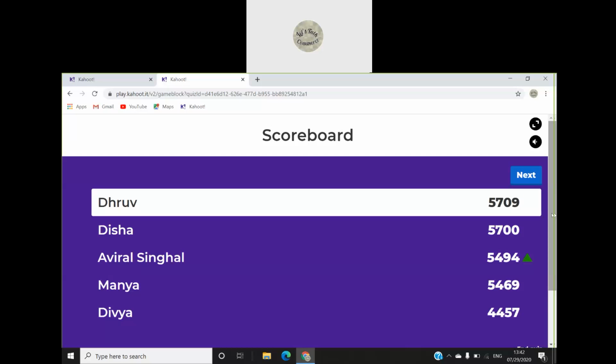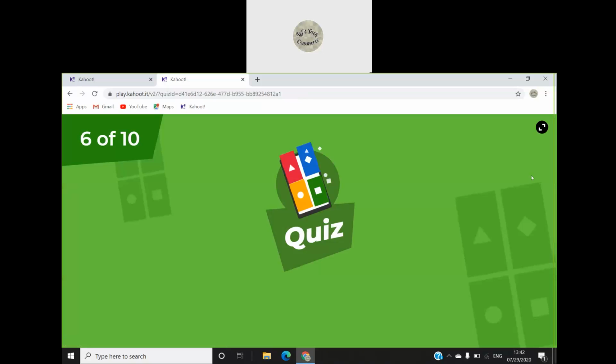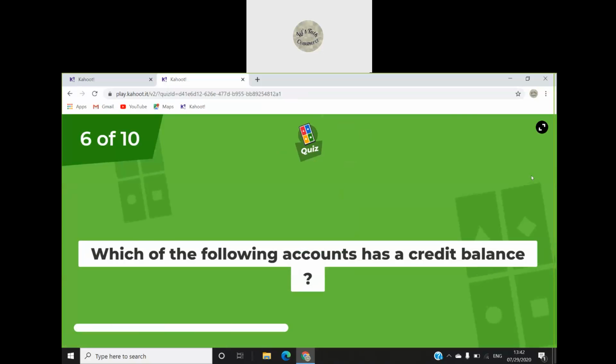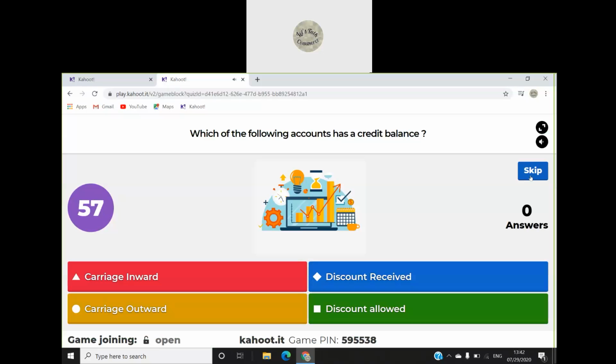Okay, now moving on to the next question. Be ready for the next question. Which of the following accounts has a credit balance? इनमें से किसका क्रेडिट बैलेंस होता है?